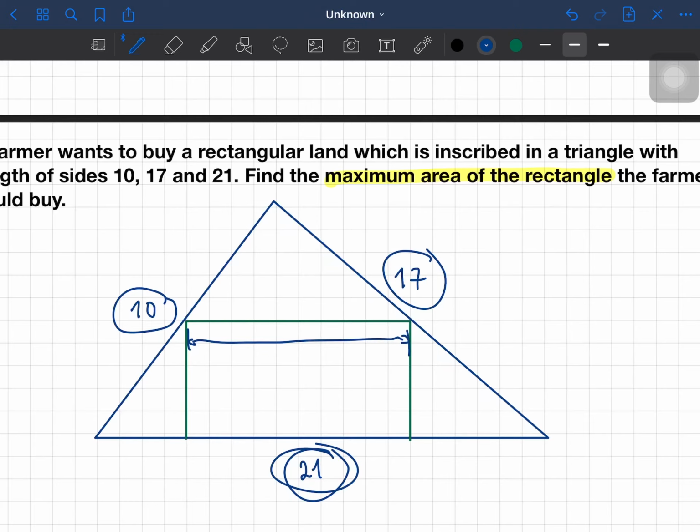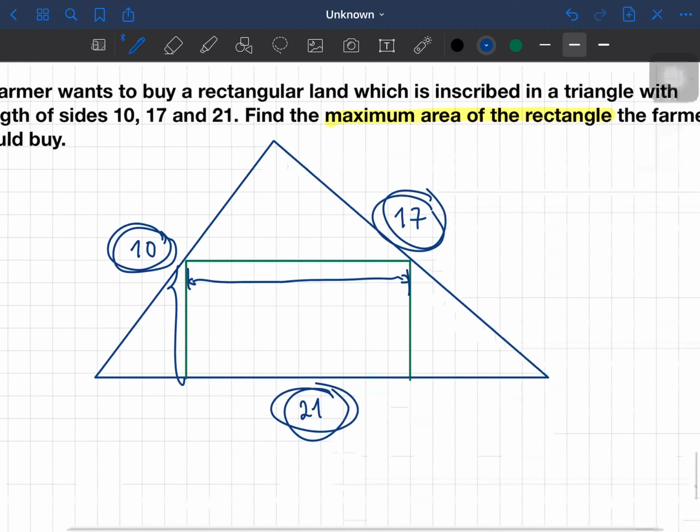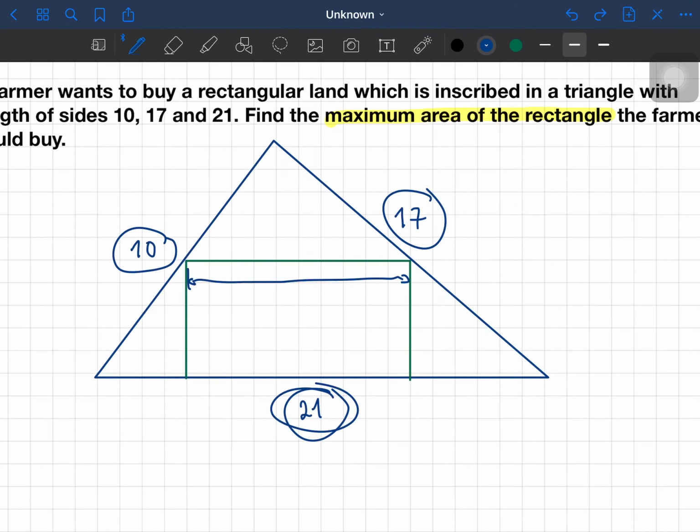But at the same time, the height or the breadth of the rectangle will also be larger compared to those on the side of 10 and on the side of 17. So we assume that this green rectangle provides the largest area of the rectangle.